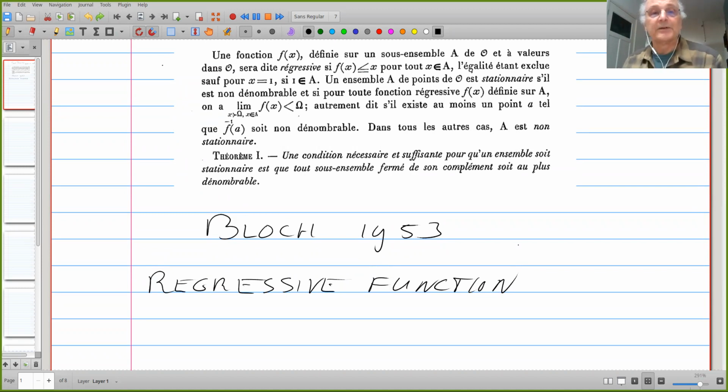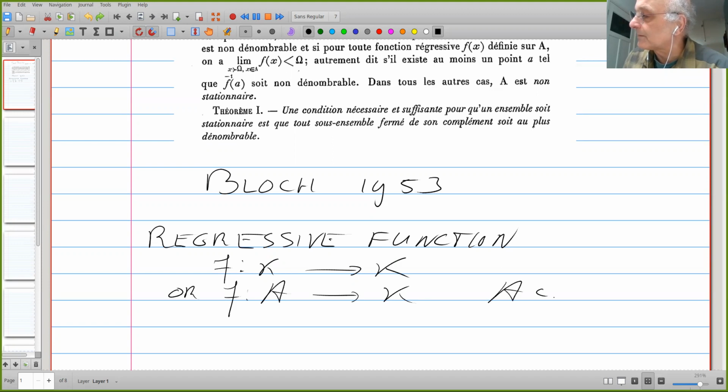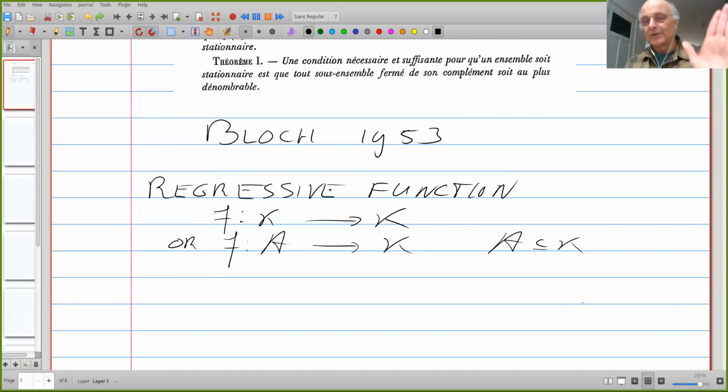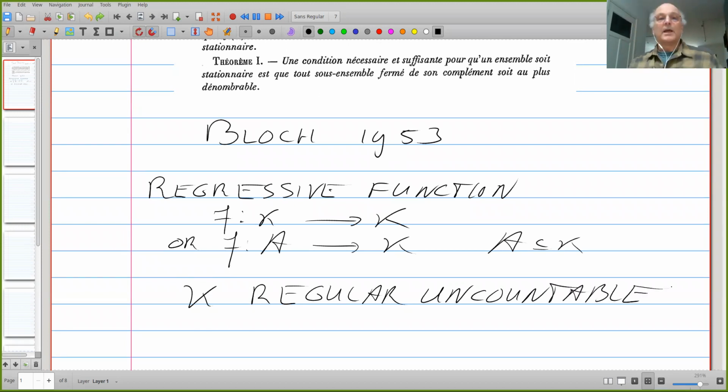But in general, we'll be talking about subsets of cardinals, and for most of the time today, kappa will be regular, uncountable. If there is any deviation from that, I'll make that explicit.